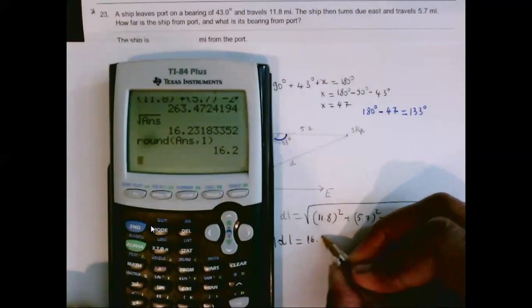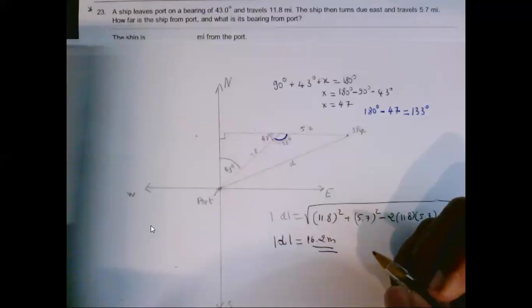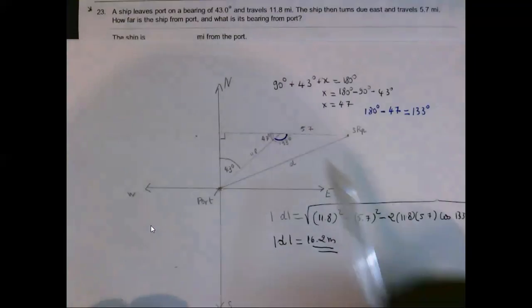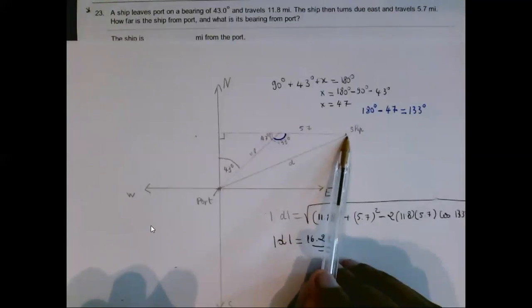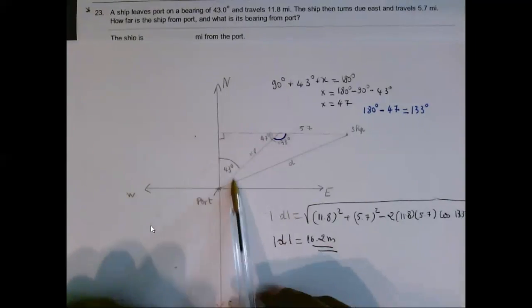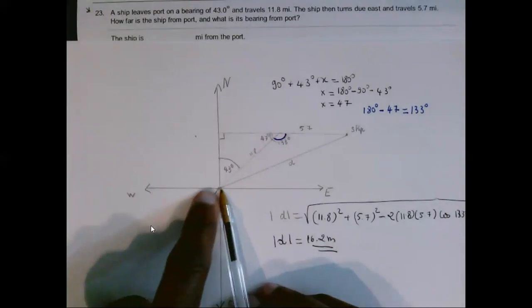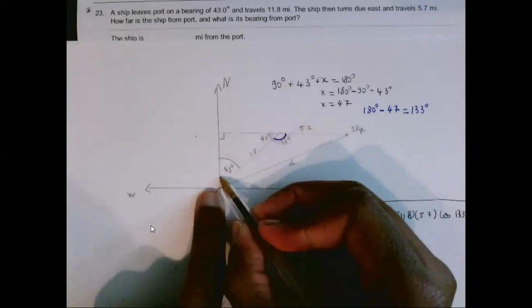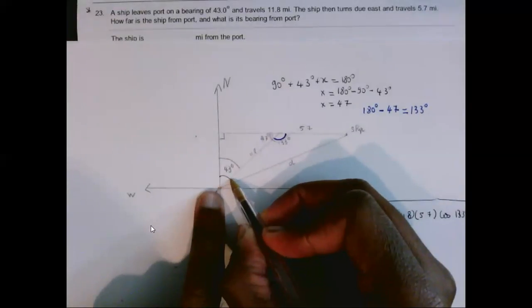Now they're asking to find the bearing from the port. So the ship is right here, right? So the question is, how is it deviated from the north? Given that I'm at the port, what's the deviation from the north from here to here? That's what they're asking. So for me to find that angle, I need to find that small portion that is here.